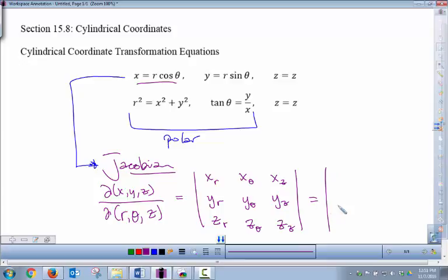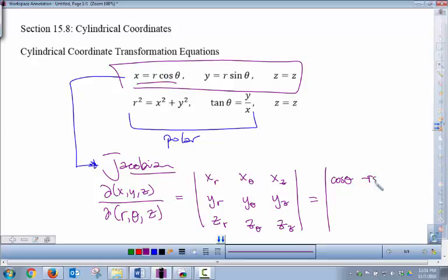So if we look at the functions up here and take the derivative of the function x with respect to r, that's just going to be cosine theta. Take the derivative of x with respect to theta, I think that's negative r sine theta. And take the derivative of x with respect to z, well, there's no z's in there, so that derivative is just going to be equal to 0.